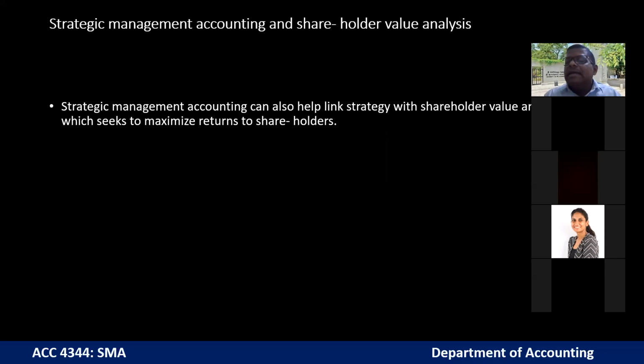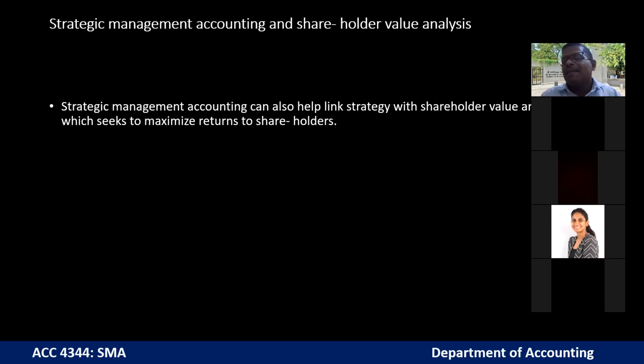So thereby, the strategic management accountant is in the center, in the process of managing the business in a strategic way. He is a partner in the strategic management process, or the process of managing a business.